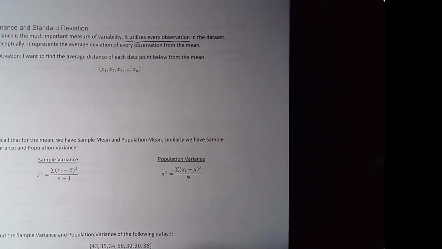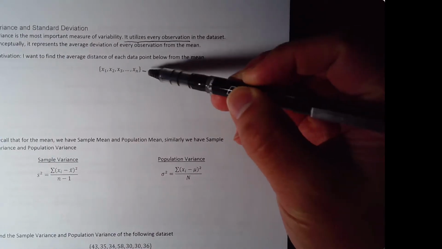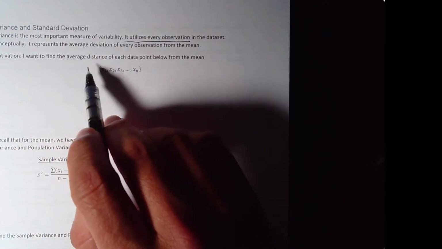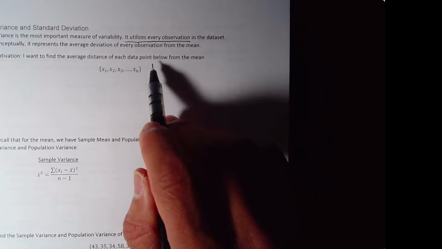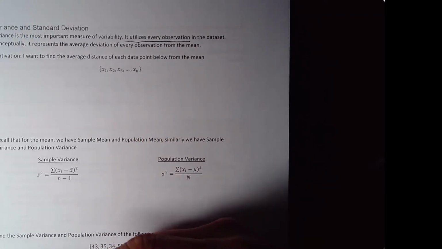So let's go through the motivation here a bit. Suppose I want to develop a measure. I want to find the average distance of each data point from the mean. I want to see how far it is, let's say if it's income.